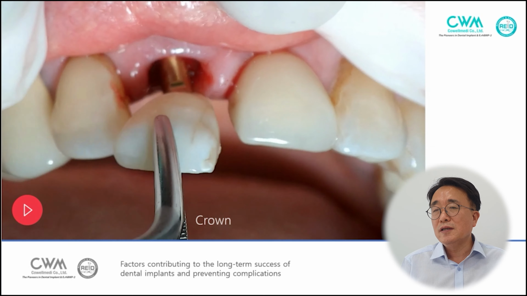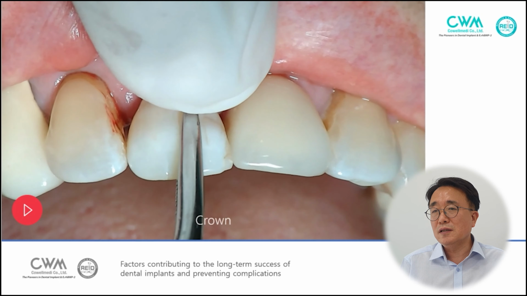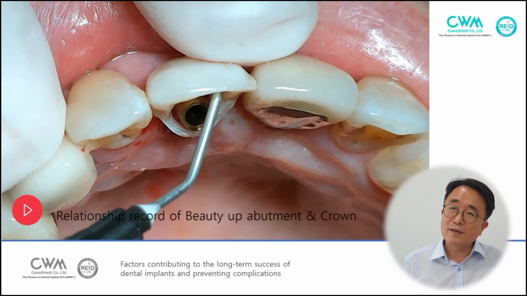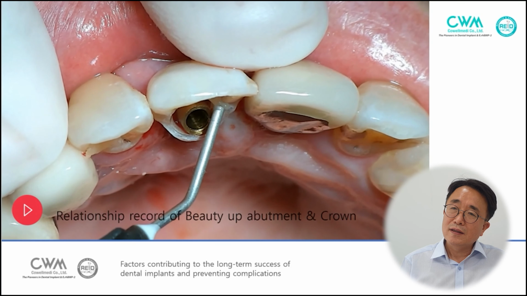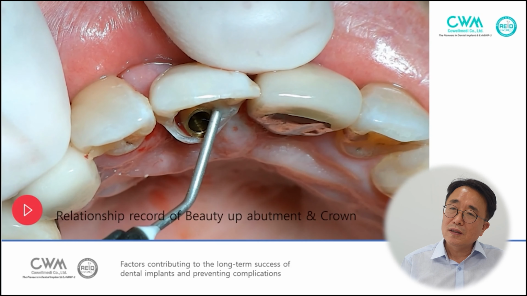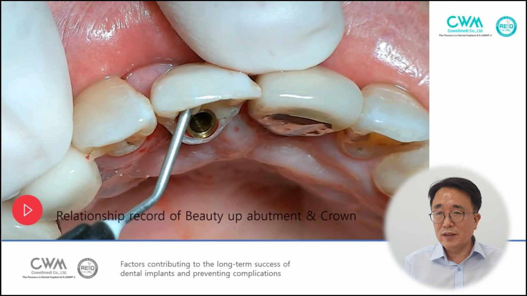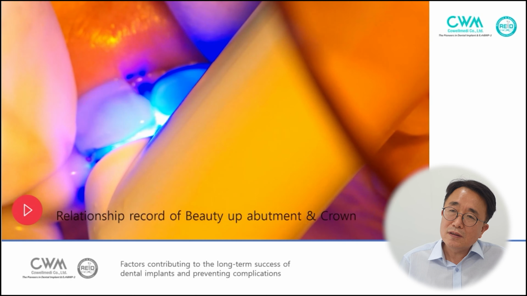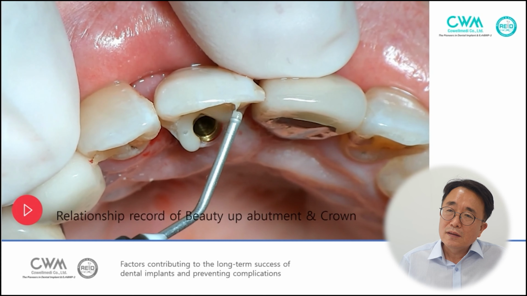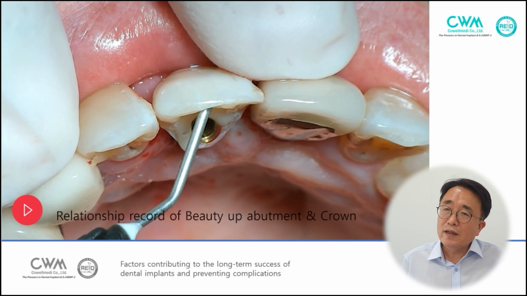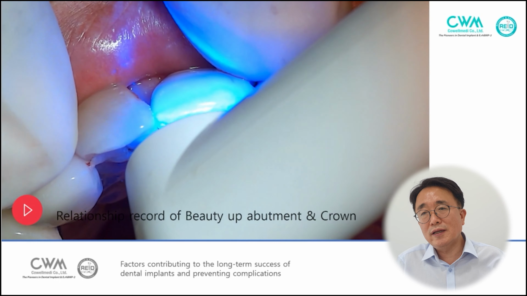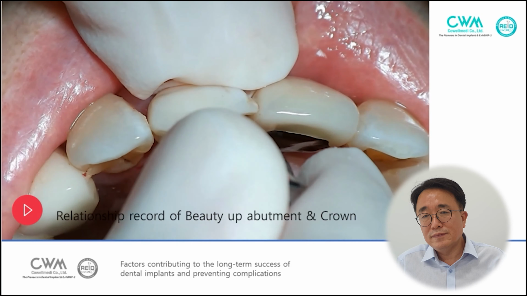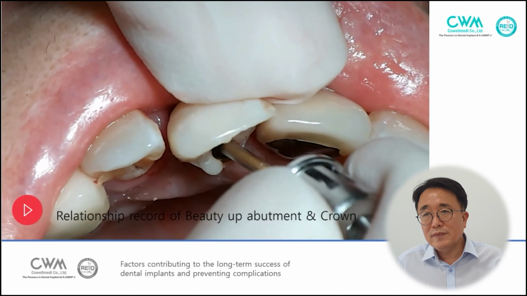The removed tooth is cut at the cingulum site, and the abutment and the tooth are connected with light curing resin, and this resin connects the natural tooth and abutment, and is then removed.